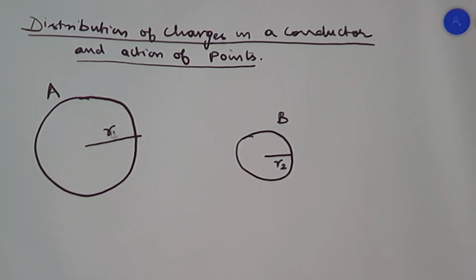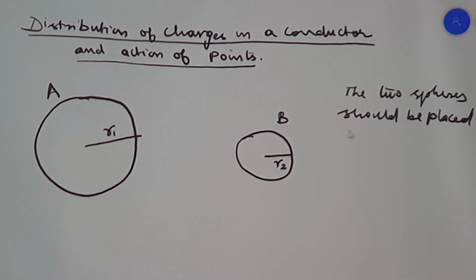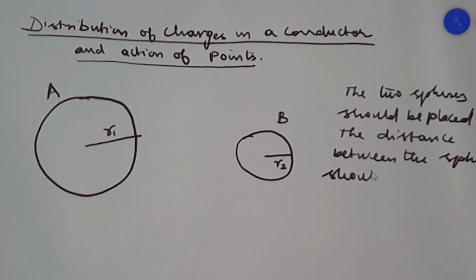So while placing the two spheres, I have to consider that the distance between the spheres should be more than, or greater than, their radii.